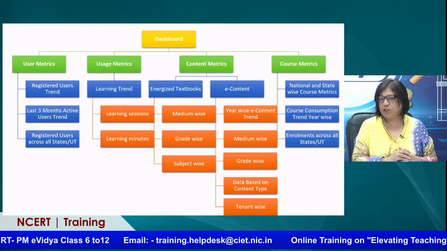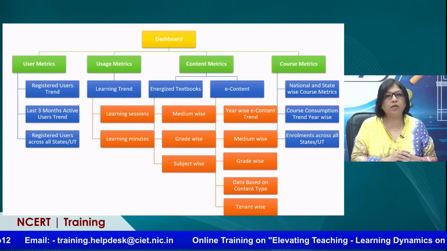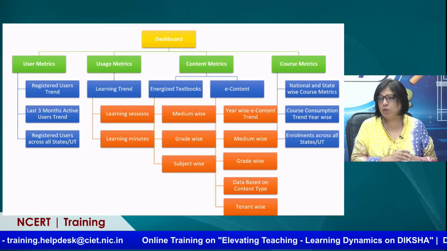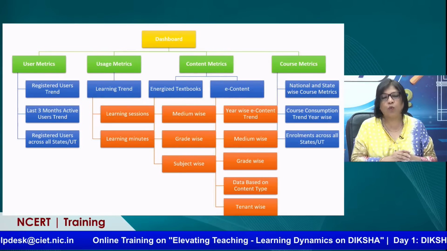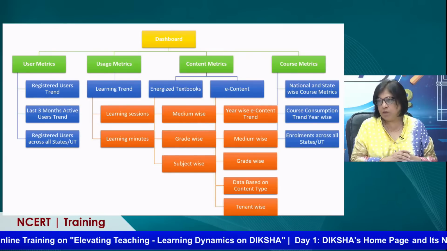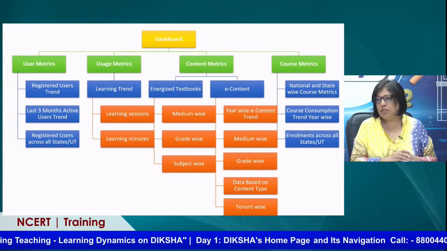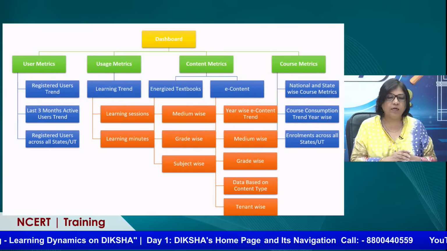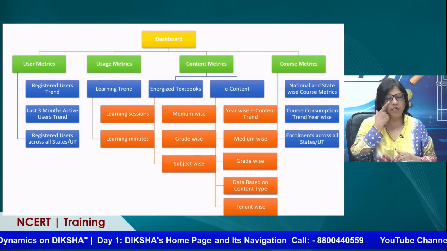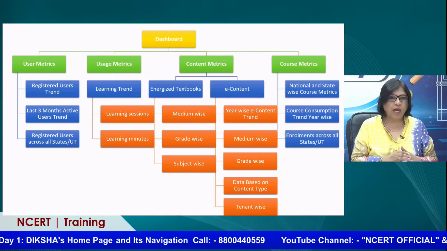From the usage metric we can see the usage on DIKSHA. So total learning sessions, we can see how many learning sessions up till now have happened on DIKSHA and how many learning minutes have been there on DIKSHA. Apart from this, we can also see the content metrics. In content metrics we can see the details or data about energized textbooks and e-content.